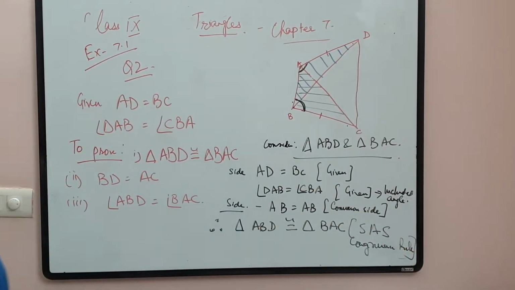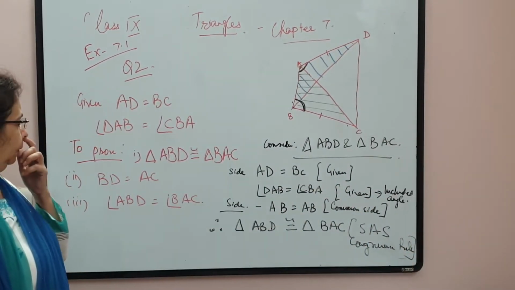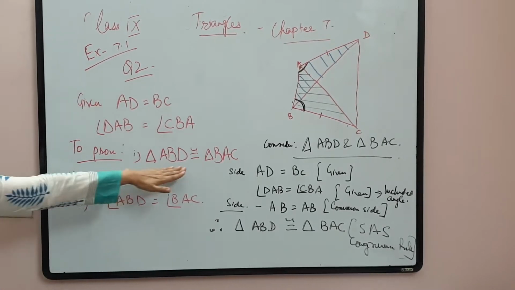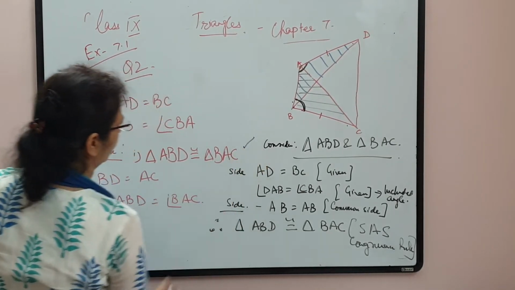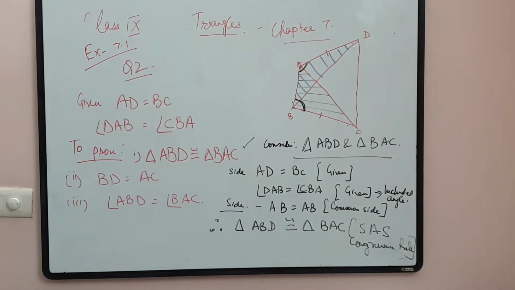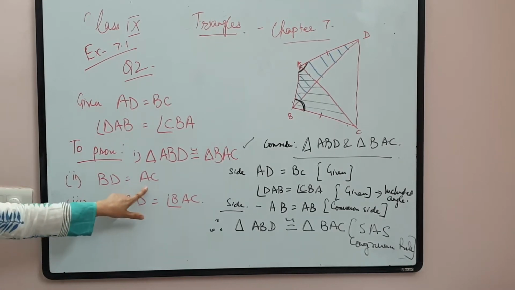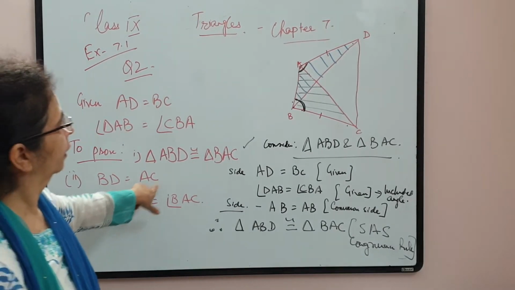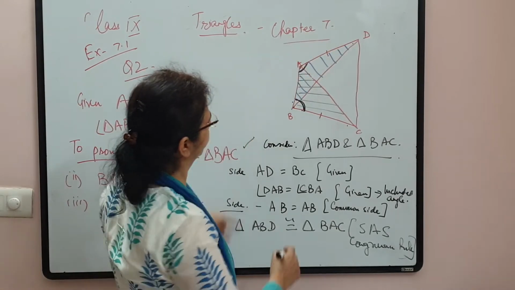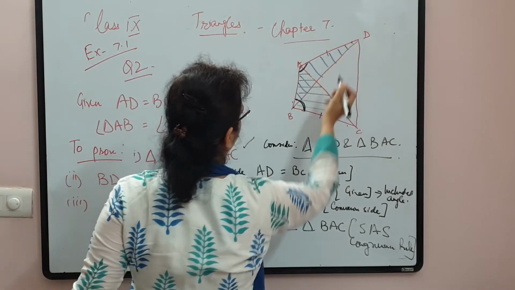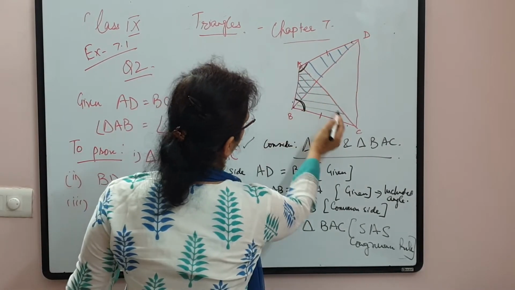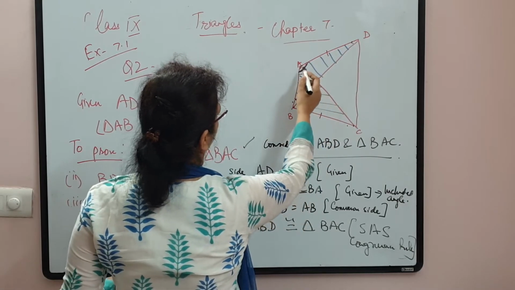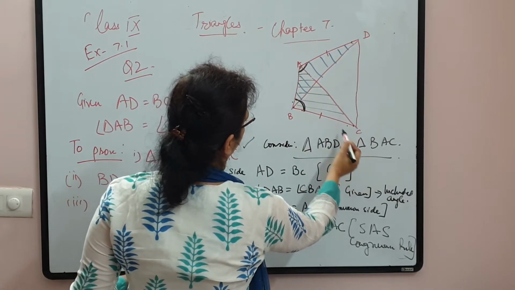Alright students. Now what is the next part of this question? We have proved that these two triangles are congruent. What is the next part? BD is equal to AC, we have to prove. What is BD? BD is this side of the triangle and AC is this side of the triangle BAC.